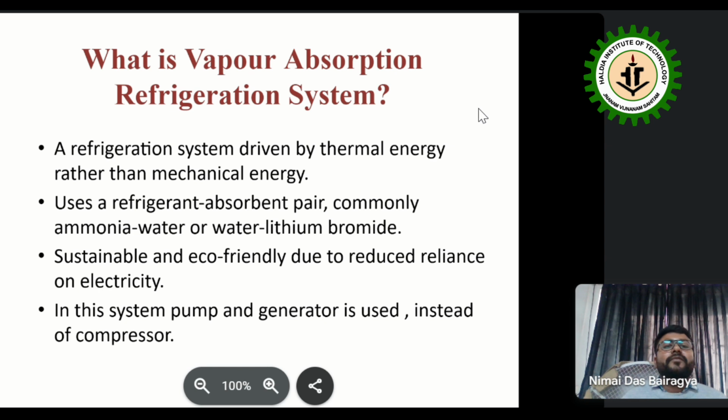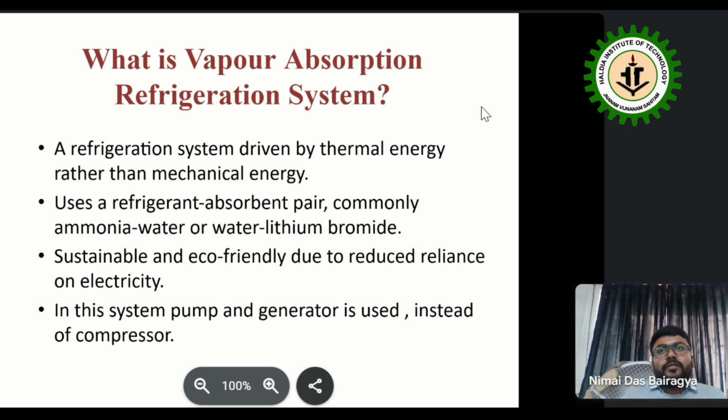So what is a vapor absorption refrigeration system? It is a system where thermal energy is used rather than mechanical energy, and a refrigerant-absorber pair is used, commonly ammonia and water, and we can also use water and lithium bromide.